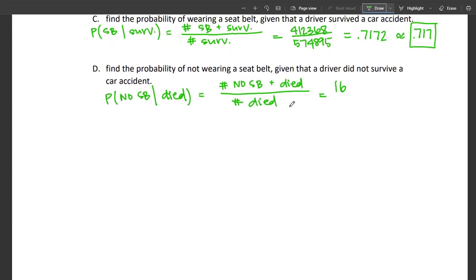So we have 1601 divided by 2111 gives us 0.7584. And we're going to round to 0.758.